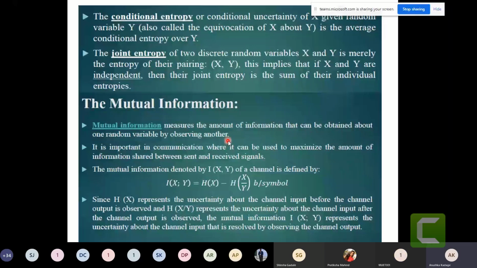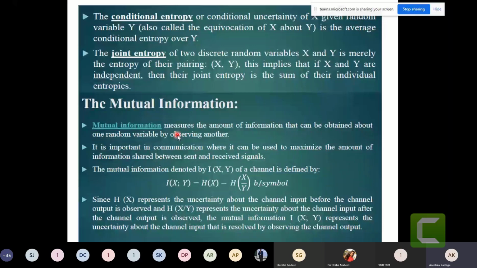Similarly, at the receiver the variable is indicated by yk's. We define the amount of information obtained about the transmitted variable by first observing the received variable, or the received variable by first obtaining the transmitted variable.